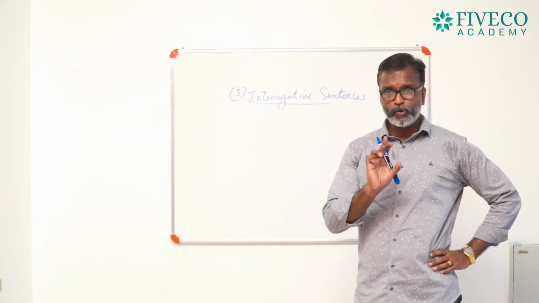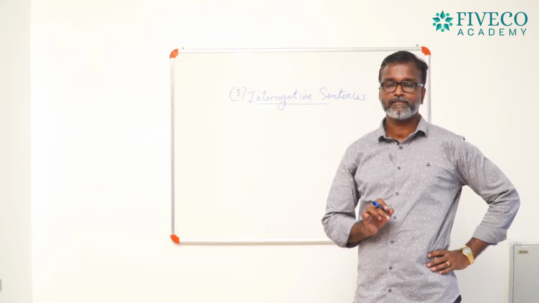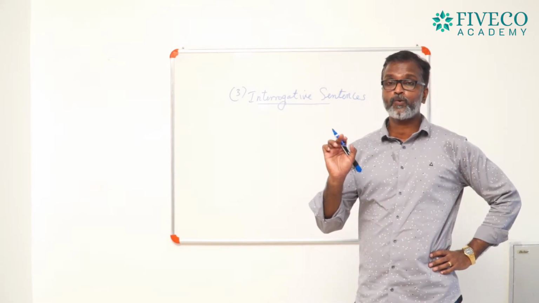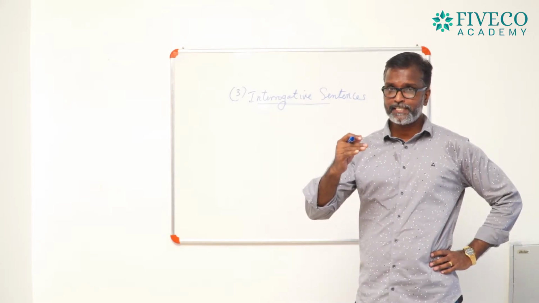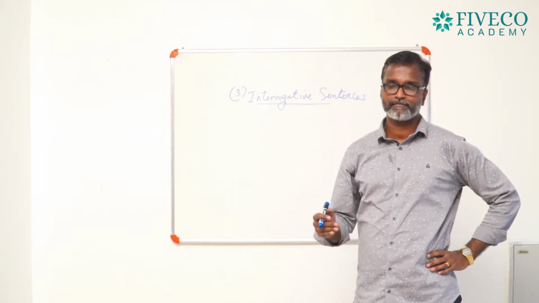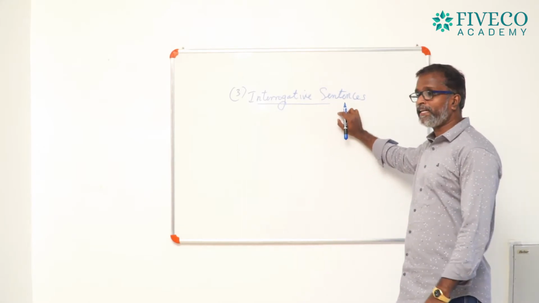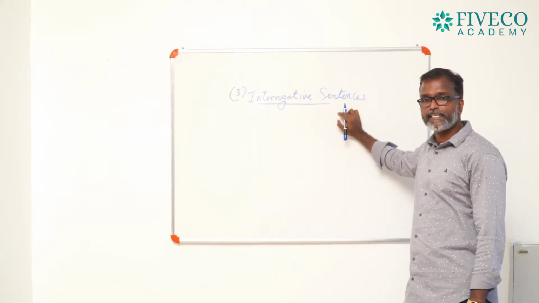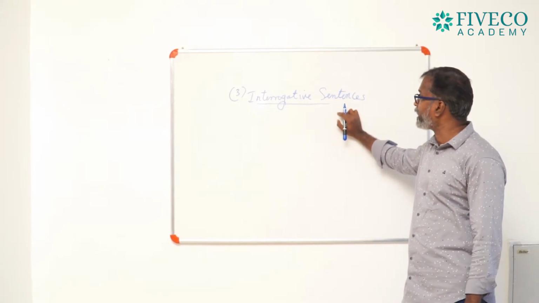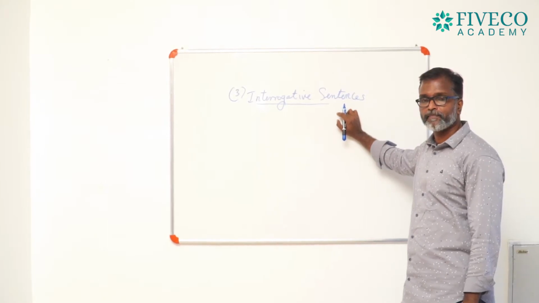Interrogative sentence, interrogation, what does it mean? Interrogation means the question. The police interrogated the convicts. Interrogated means questioned. I mean, any kind of question sentence can be called an interrogative sentence.